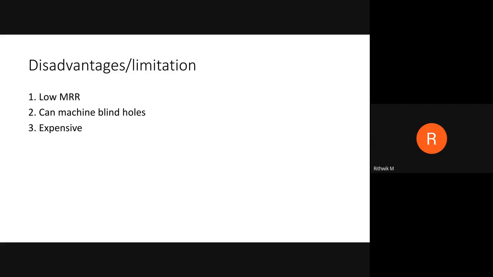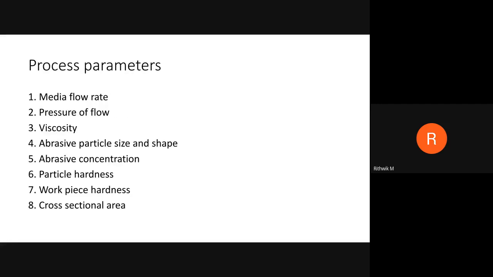Now, what are the process parameters which may affect the various qualities, like material removal rate or surface finish? These are the key process parameters. That is media flow rate, that means the flow rate of the carrier medium.